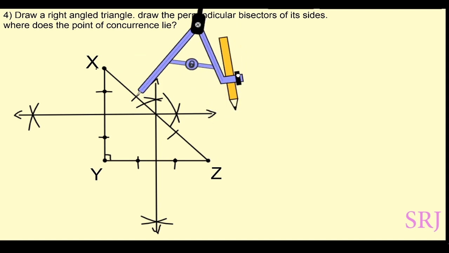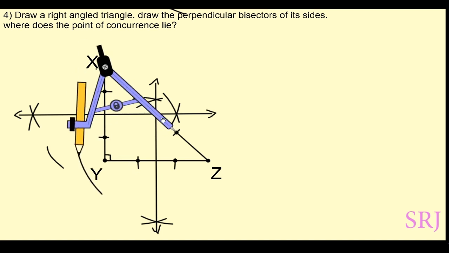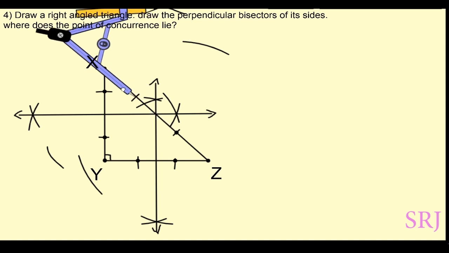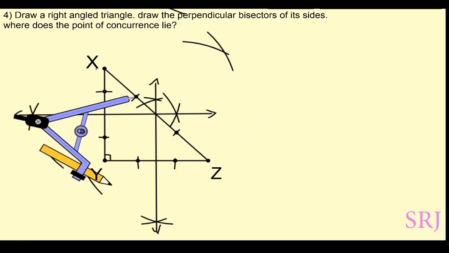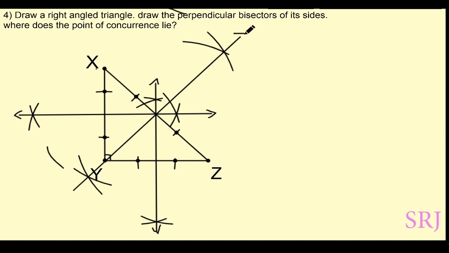Now place the compass on the drawn arc and draw another arc, that is one above and the other below line XZ. Then place the compass on the other arc and draw another intersecting arc. Draw a line to join both intersecting arcs. Draw arrows at both ends of the line.